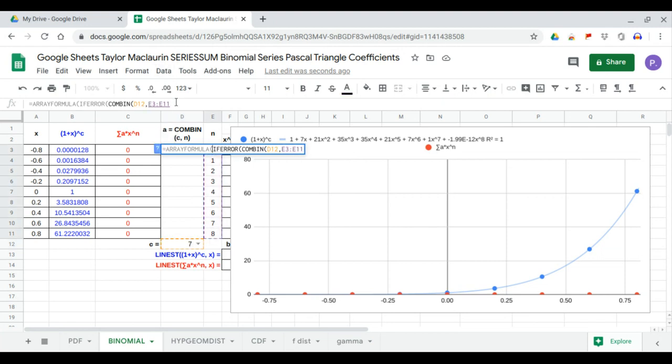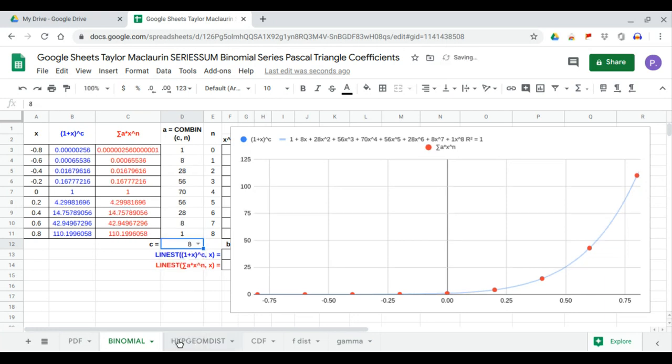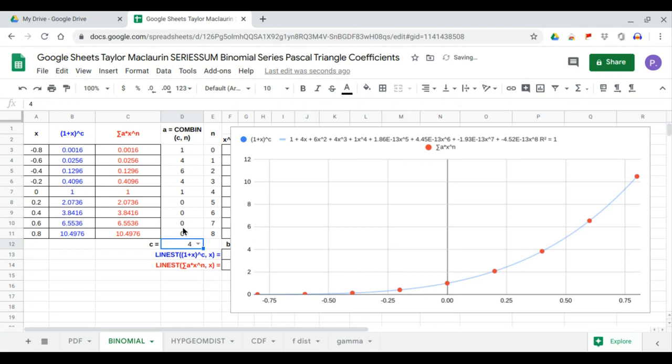And if this is an error, then we put 0, and it should be okay. Now we're good. So if we have 8, perfect. We go 4, we're perfect. There's no error.